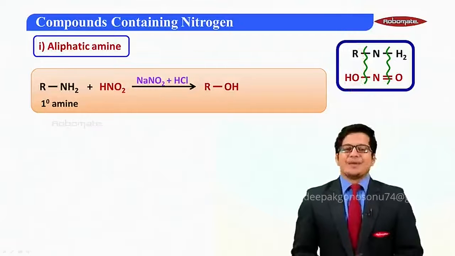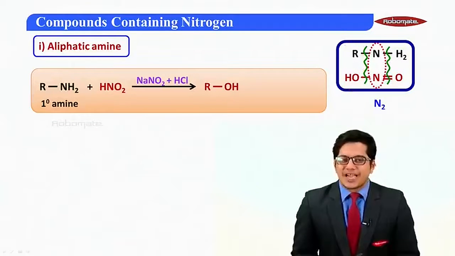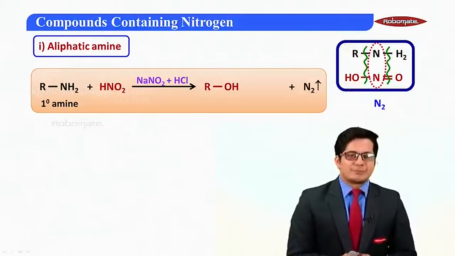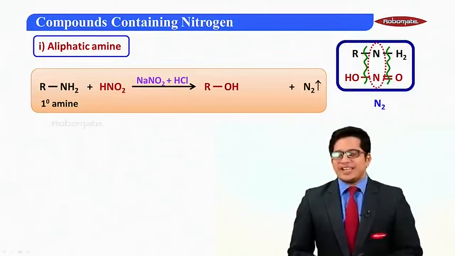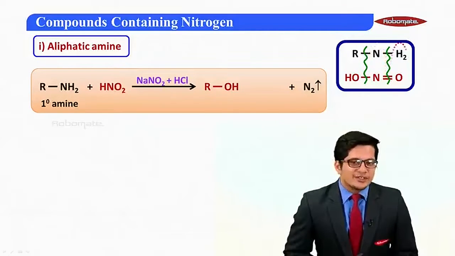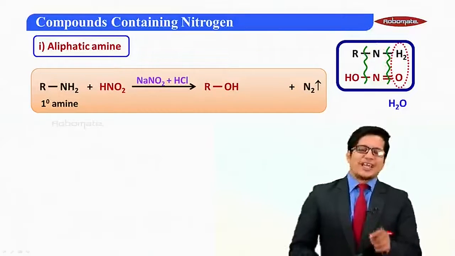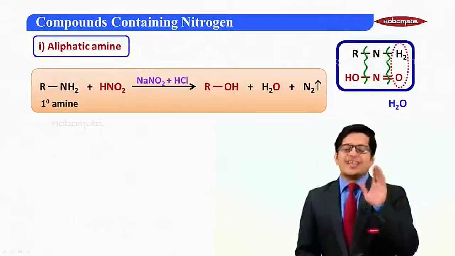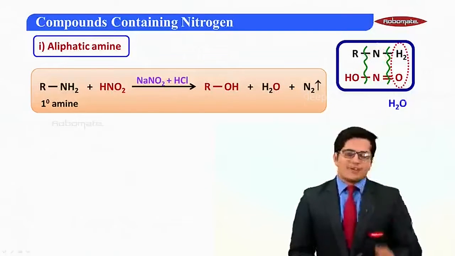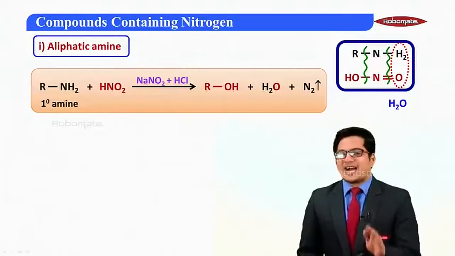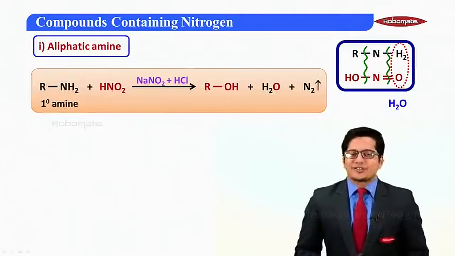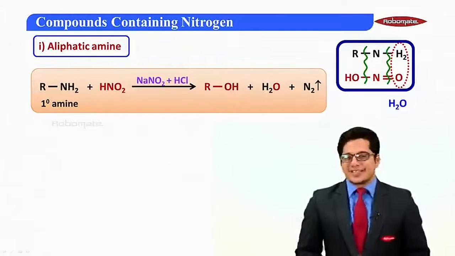Next, in the middle, are you having two nitrogen atoms? That means N2, it becomes your next product. And finally, are you having H2O? Yes, so that becomes our last product. So what is the entire reaction? It is primary amine treated with HNO2 gives ROH, that is alcohol, water, and nitrogen gas is liberated.